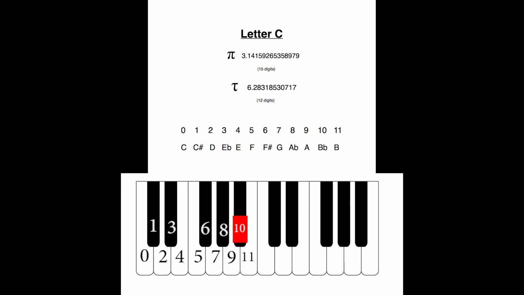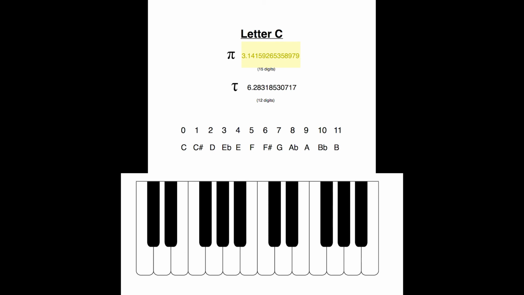Now, anytime a 1 showed up followed by a 0, I used a B flat, it was a 10. Or if it was followed by another 1, it was an 11, so it was a B. But if it was followed by any other number, then it just counted as a 1, in which case it was a C sharp. So I used that system and used the numbers from pi to come up with the melody that I played on the sax.